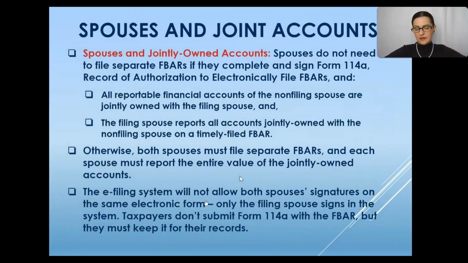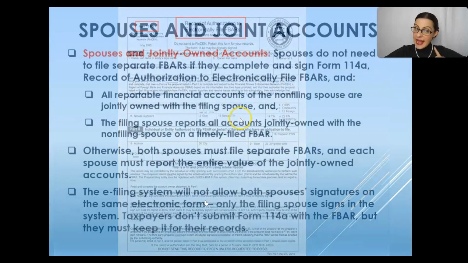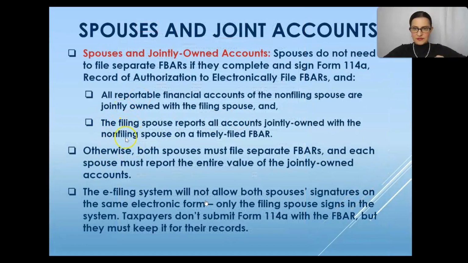Spouses and joint accounts. Spouses who have jointly held accounts technically, I'm going to say technically, do not need to file separate FBARs if they complete and sign Form 114A, Record of Authorization to Electronically File FBARs, and they have to meet both of these. Okay?